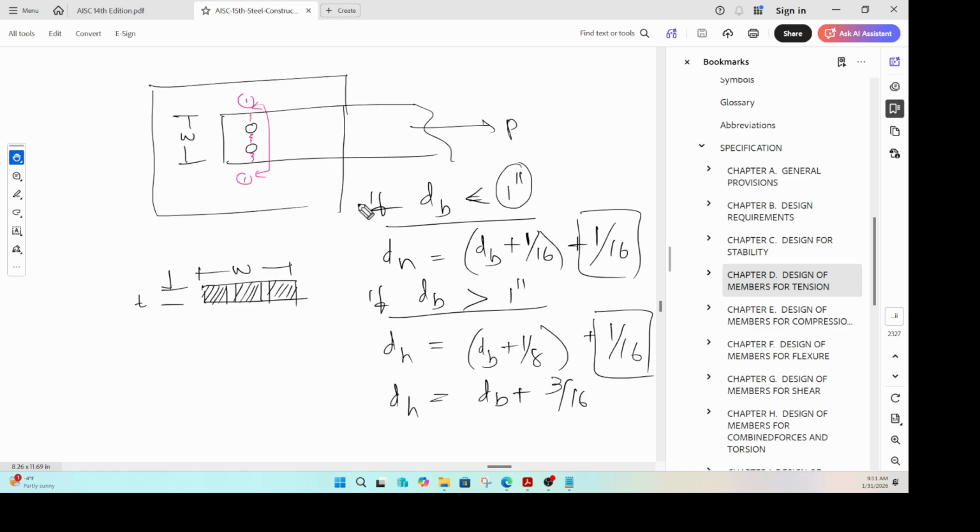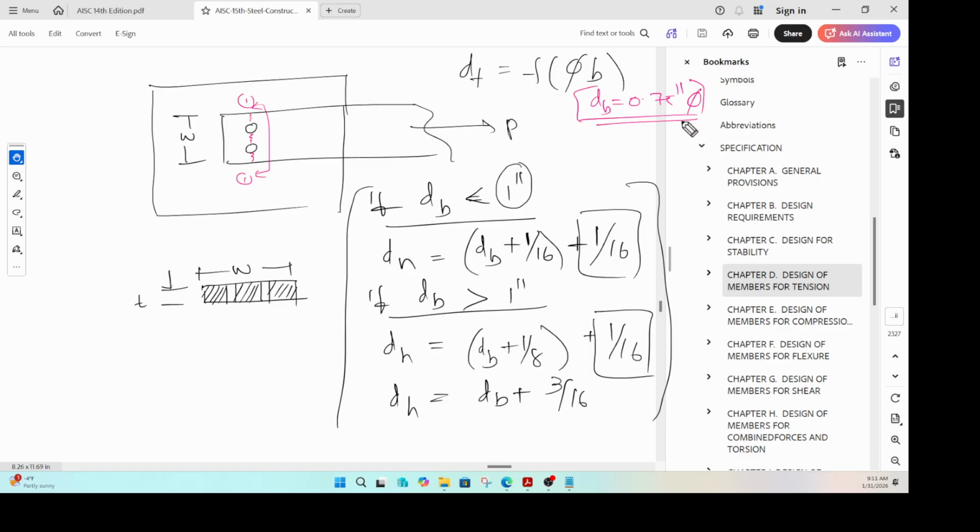So d hole is a function of the diameter of the bolt. One more time, let us say you are using a 0.75 inch diameter bolt. Then your nominal bolt diameter is that much, 0.75 plus 1/16 of an inch, but then you have to add another 16th of an inch to calculate your d hole.